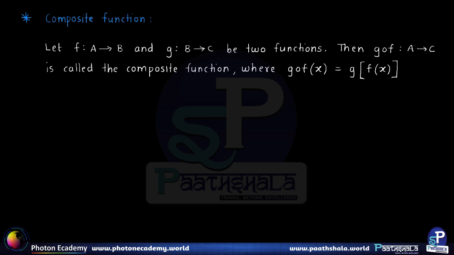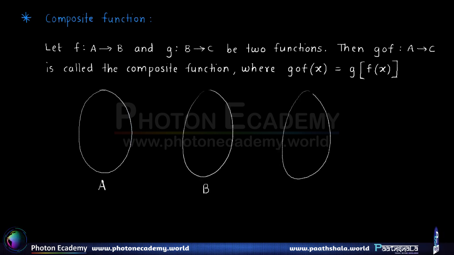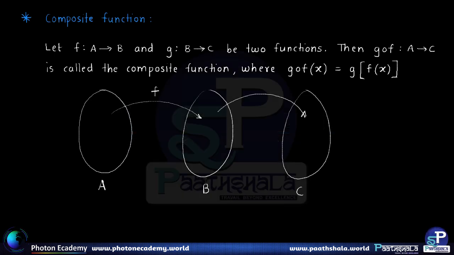Now let's understand this graphically. Suppose this is the first set A, this is the second set B, and this is the third set C. From the first set to the second set we have the function f, and from the second set to the third set we have the function g. If we denote x as some element in the original set, its image under the function f will be f of x.